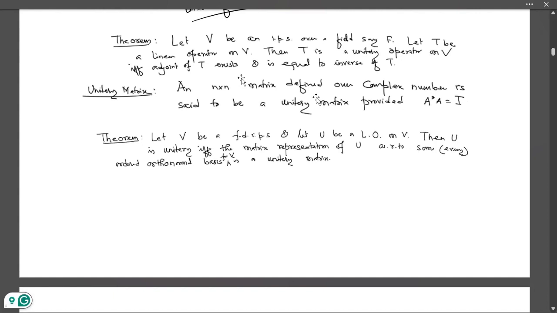So we have the next theorem on unitary operators. Let V be an inner product space over a field F, and T be a linear operator on V. Then T is a unitary operator if and only if the adjoint of T exists and is equal to the inverse of T. From this line, they mean T is unitary if and only if T star T is equal to identity on V, and T T star is also the same identity on V. The proof I'm not giving here.